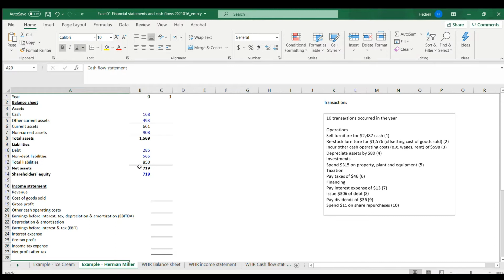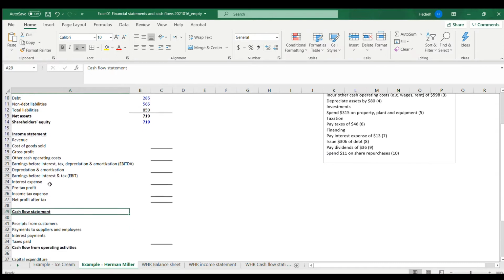So in fact, net assets is the same as shareholders' equity, because shareholders' equity is the residual claim. It's the amount of money that stays in the firm after paying back all the debt. Shareholders' equity is equal to total assets minus total liabilities.